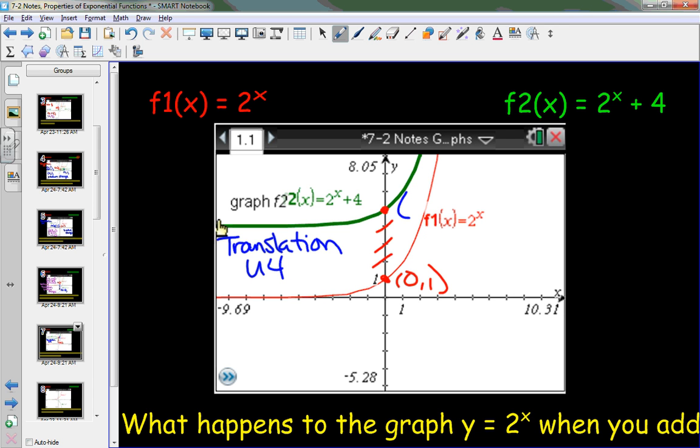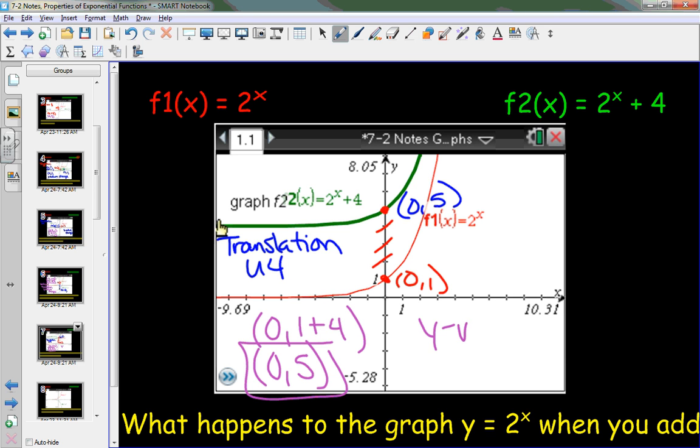Well, this ordered pair is going to be the point 0, 5. How am I getting 0, 5? I'm adding 4 units to the y value. So what do we learn here? The y value changes. Do we see that?